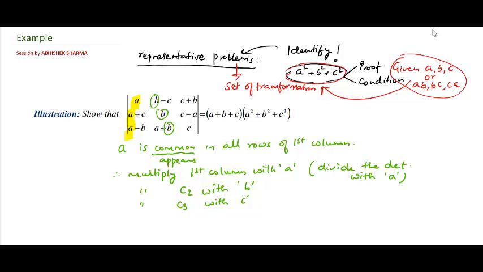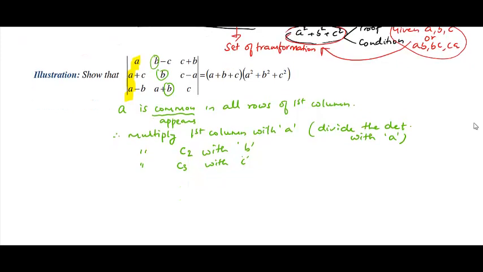As a result of this, the question now simplifies to 1 by ABC times the determinant with first row A square plus AC, A square minus AB.